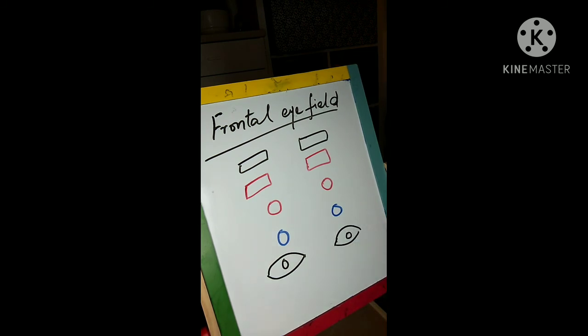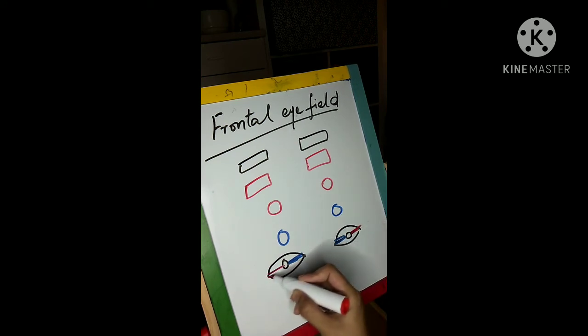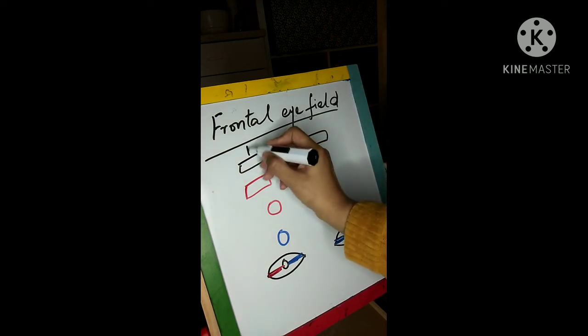Below it is sixth nerve nucleus. Then in the blue color is the third nerve nucleus, and below that I'm trying to show you the eye with medial rectus and lateral rectus. Lateral rectus I have shown in red color, and medial rectus I have shown in blue color.